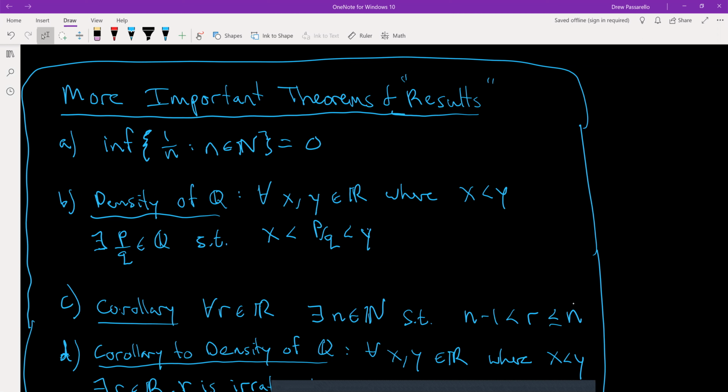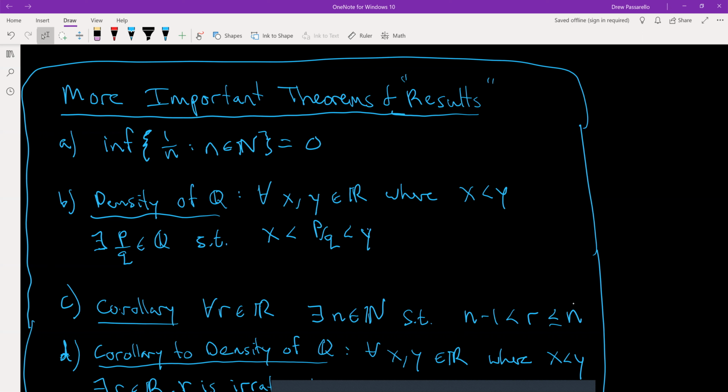A very important theorem is the density of the rationals, density of Q. It states that for any two real numbers x and y, where x is less than y, there exists a rational number p over q such that x is less than p over q is less than y. So between any two real numbers, there exists a rational number.